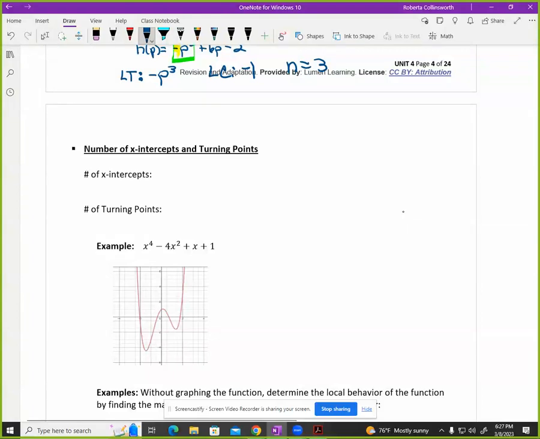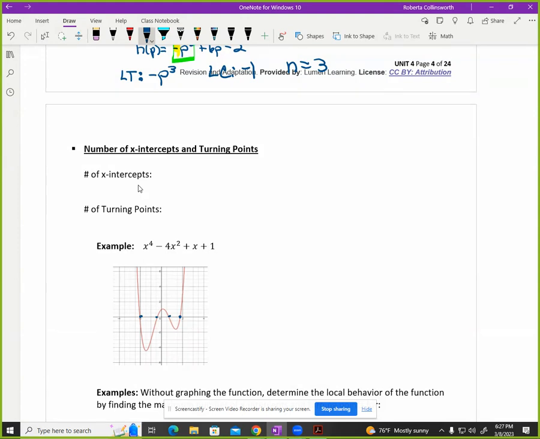So here we are. We know that the x-intercepts are where the graph is crossing the x-axis. I can find that, and I've said this about quadratics and our other polynomials that we've worked with, by looking at the highest exponent value.